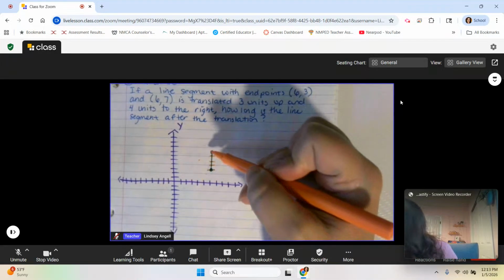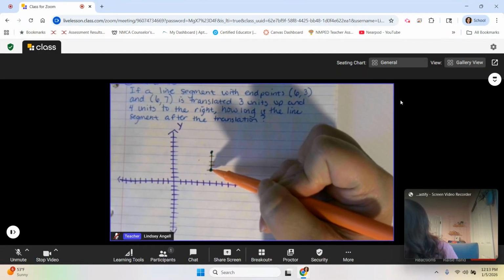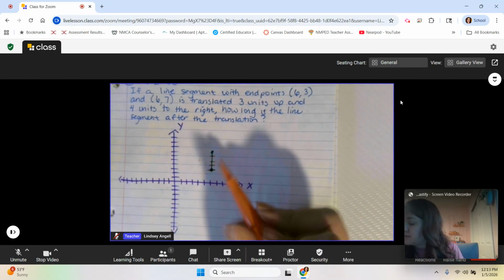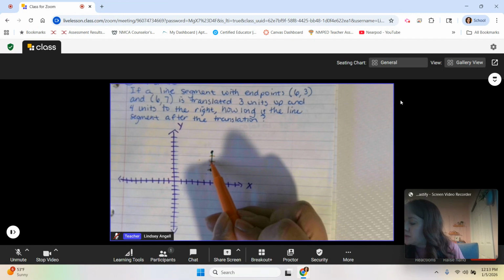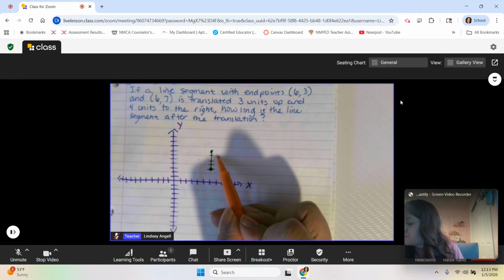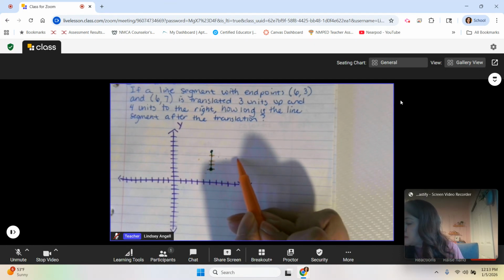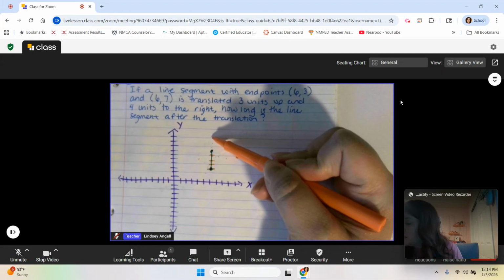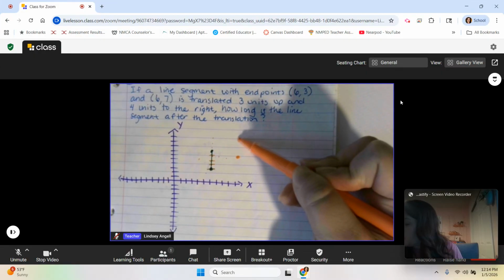With both of these, we're going to go up 3 and to the right 4. With this one, I'll start here: 1, 2, 3, and then to the right 4: 1, 2, 3, 4. Same with this one: up 3, 1, 2, 3, and then over 4.